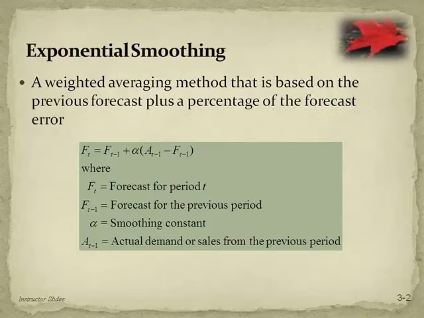So the actuals minus the forecast. We know by definition that that is defined to be the error in the last forecast.